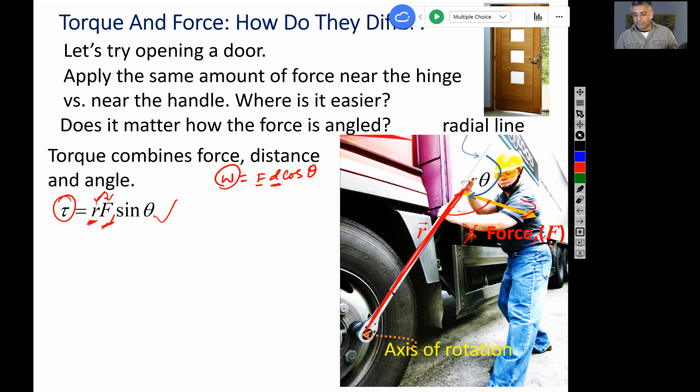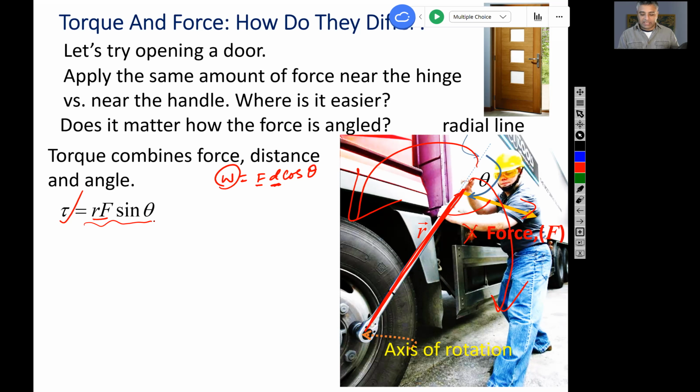See, this may be rotating this way, or this may be rotating that way. So the torque has a direction, clockwise or counterclockwise. So we can choose one as positive, another one as negative. So it looks like work done, but it is not. It's a product of two vectors giving us a new vector.